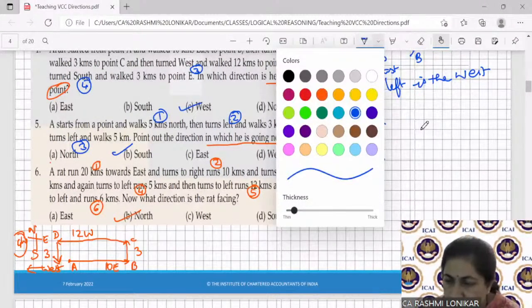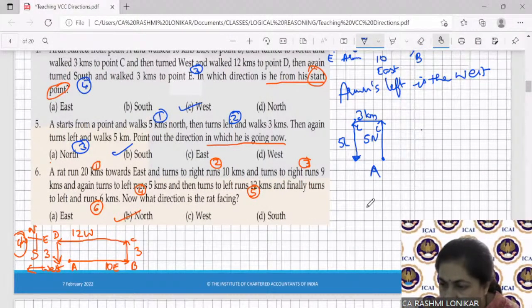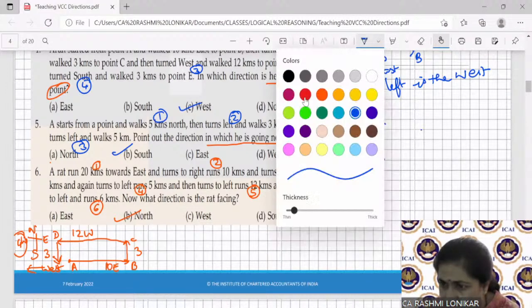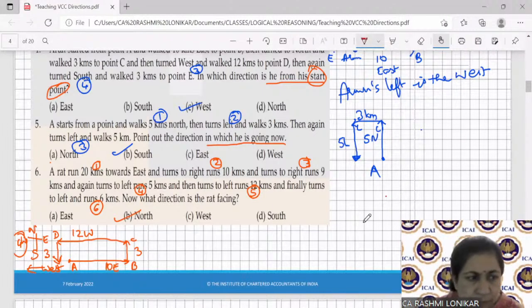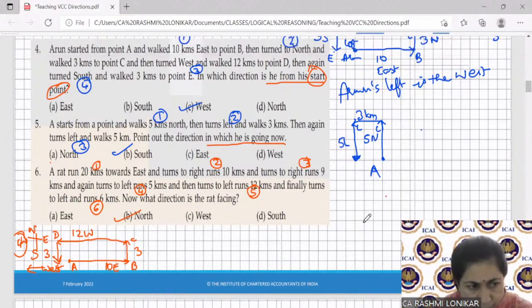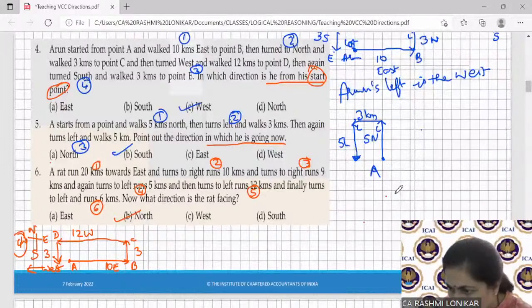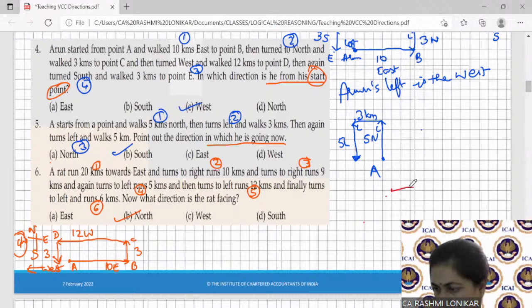What is happening? A rat is running. Let me change the color. A rat is standing over here. The rat is over here. It is going 20 kilometers to the east.